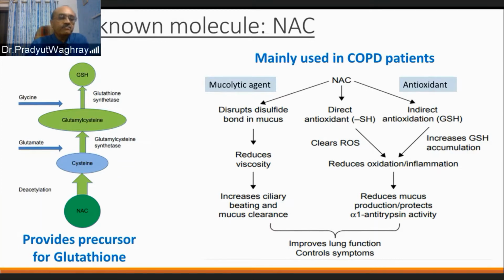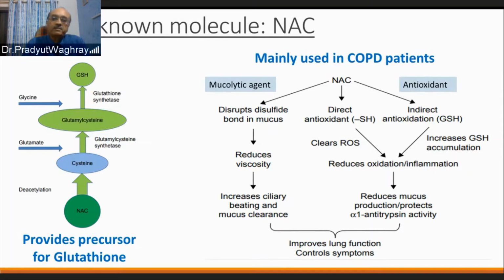On the left-hand side, you see that NAC, that is N-acetylcysteine, by the process of deacetylation produces cysteine. Cysteine, by the enzymatic action of glutamyl cysteine synthetase, produces glutamyl cysteine, which by glutathione synthetase produces glutathione. And this glutathione is a very good antioxidant.